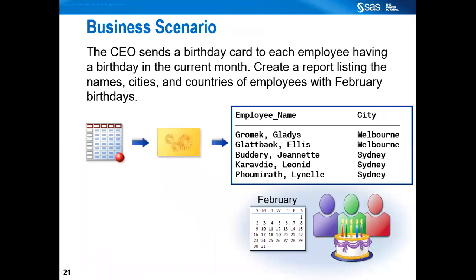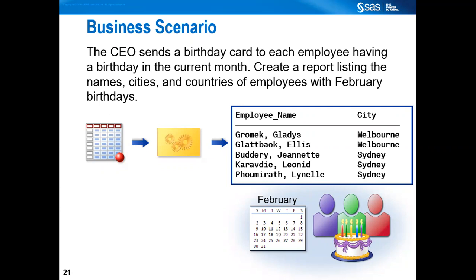All right. So let's understand this through a scenario. It says the CEO sends a birthday card to each employee having a birthday in the current month. Create a report listing the names, cities, and countries of employees with February birthdays. So the CEO wants to send birthday cards only for those employees whose upcoming birthday is in the coming month, February, for that organization.